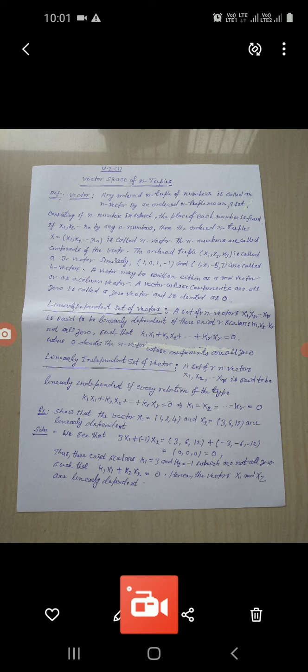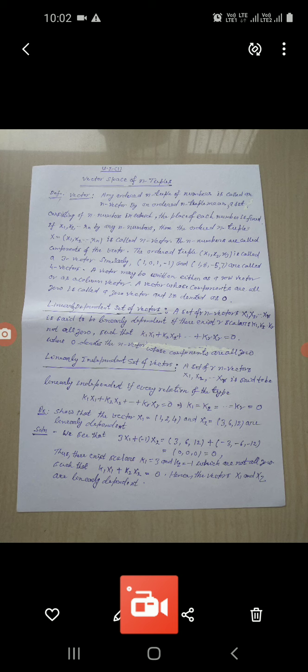Any ordered n tuple of numbers is called an n vector. Means a vector which has n components is called an n tuple vector.